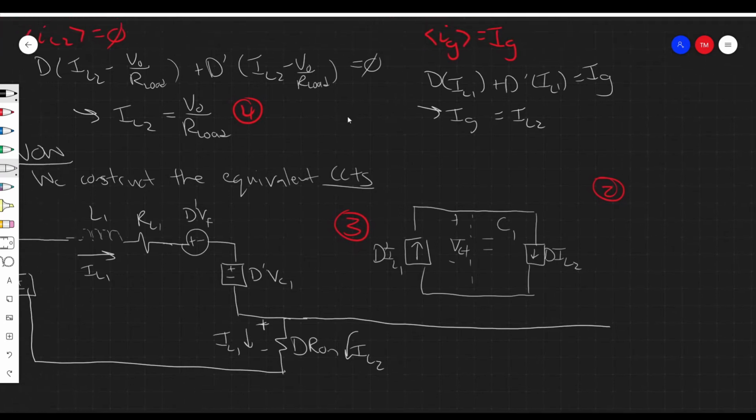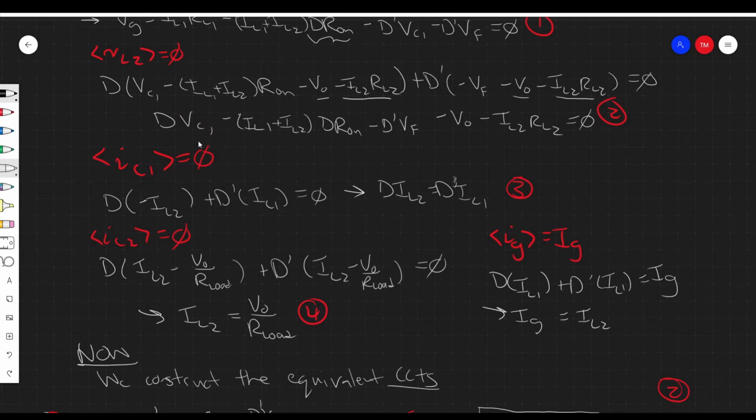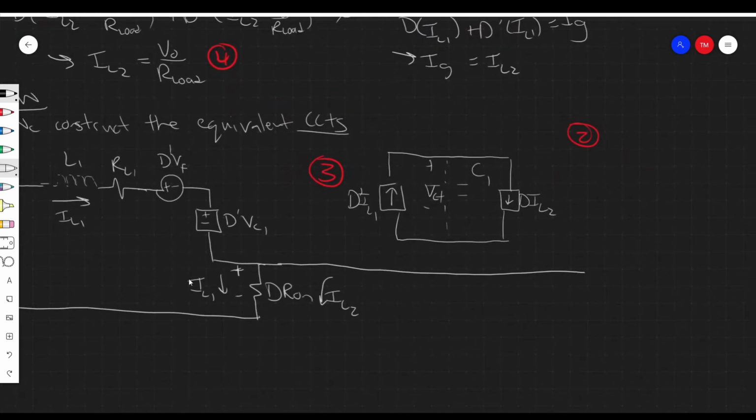So looking back at equation 2, we see that dVC1 has the opposite sign to IL1 plus IL2 times DR on. That means that when we put this voltage into this loop, it has to point in the opposite direction of this voltage.